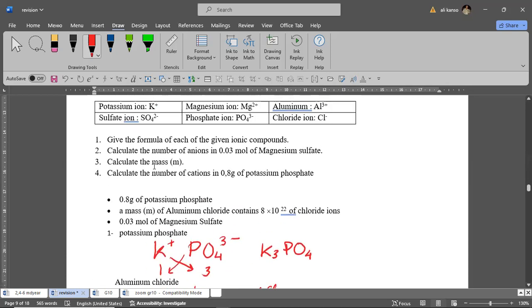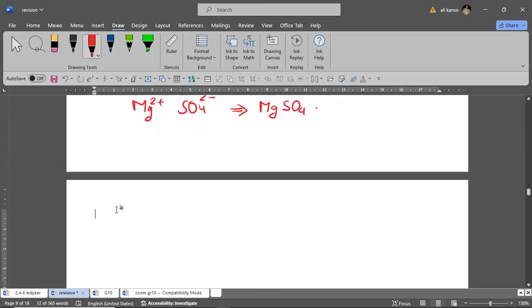Next, calculate the number of anions in 0.03 mole of magnesium sulfate. We need to find the number of anions.